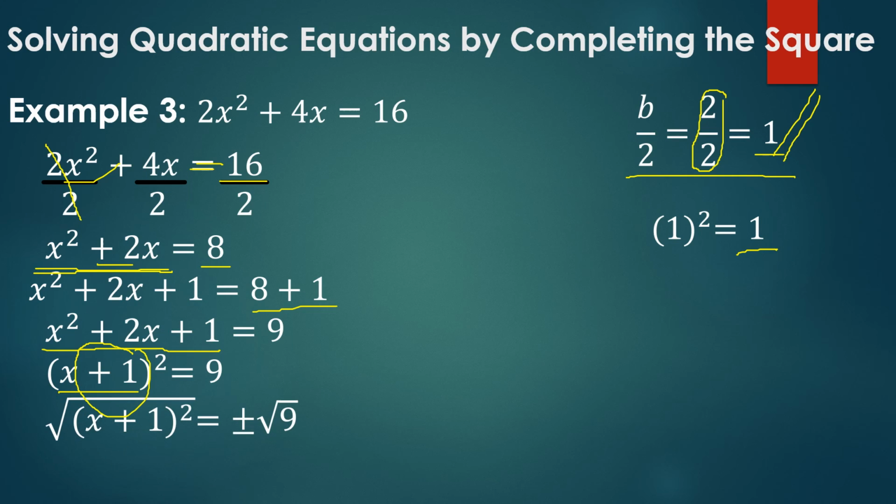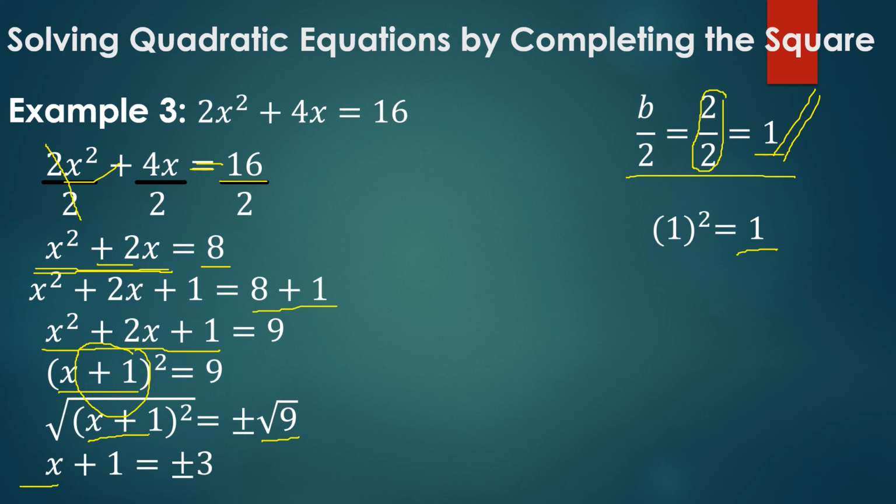So we have square root of x plus 1 quantity squared is equal to positive and negative square root of 9. And then by simplifying, what is the square root of x plus 1 quantity squared? That is x plus 1. How about square root of 9? That is 3. So we have x plus 1 is equal to the positive and negative 3.